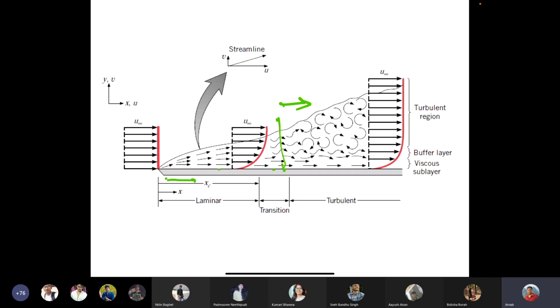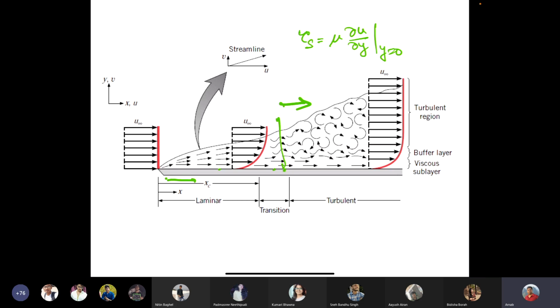Now we know this expression, right? That tau s is equal to mu du/dy at y equals 0. Assuming Newtonian fluid, the surface shear stress we can estimate from this velocity gradient, where mu is the dynamic viscosity.